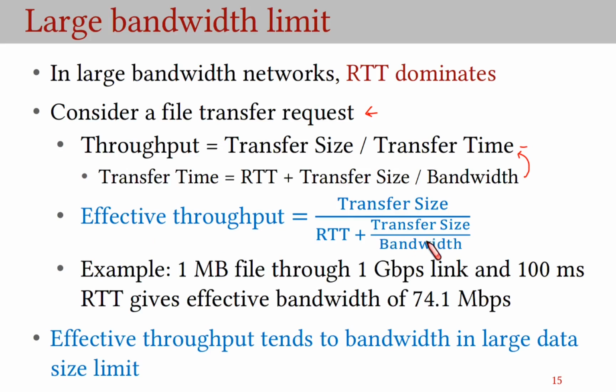And now, just to make this concrete, let us suppose that the transfer size is 1 megabyte and bandwidth is 1 gigabit per second and round-trip time is 100 milliseconds.